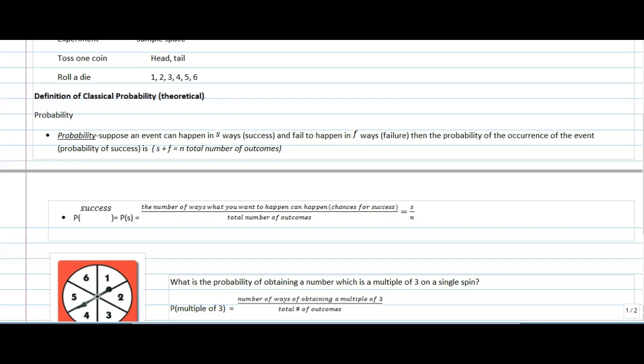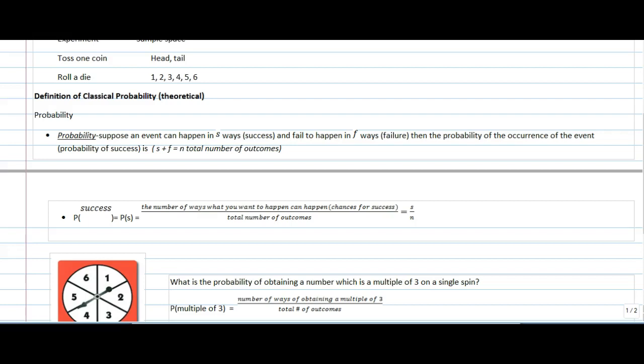So, if S represents the number of chances for success, or another way of putting that is the number of ways that what you want to happen can happen, then the probability of success is equal to S over n, where n is the total number of outcomes.